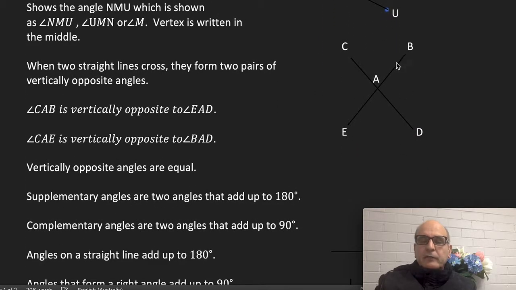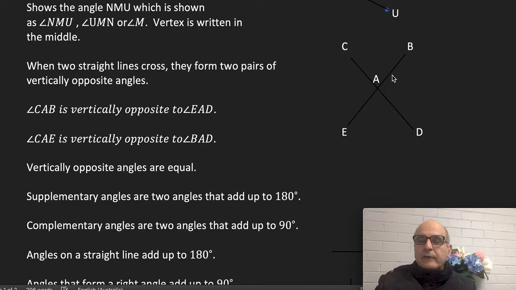Then when you have two straight lines crossing each other, like this line BE and this line CD have crossed at point A, you make two pairs of vertically opposite angles. You have one angle here, this angle and this angle. These are vertically opposite.